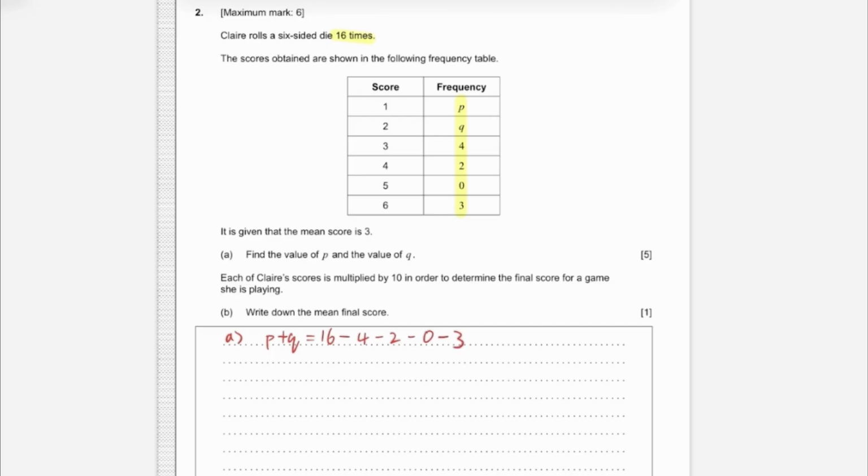This is because these are the frequencies, and in total, these should add up to 16 because the person rolled the die 16 times. And so over here, we get that P plus Q equals 16 minus 9, and that is equal to 7.